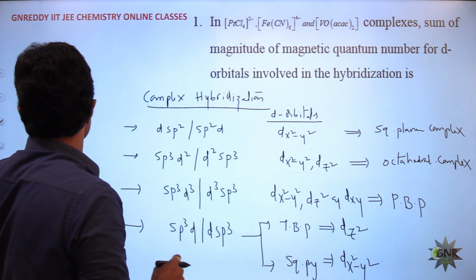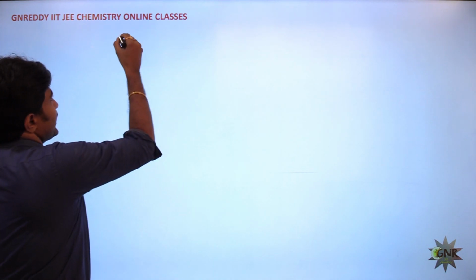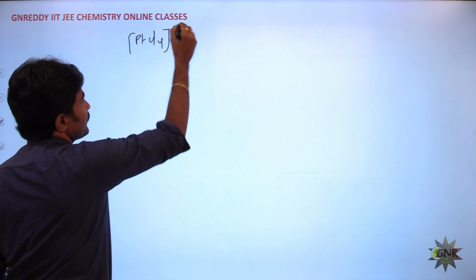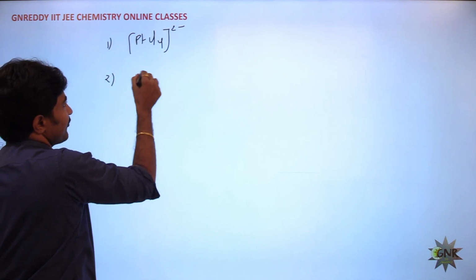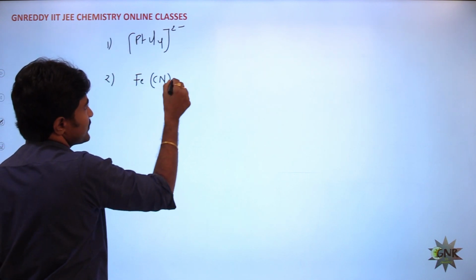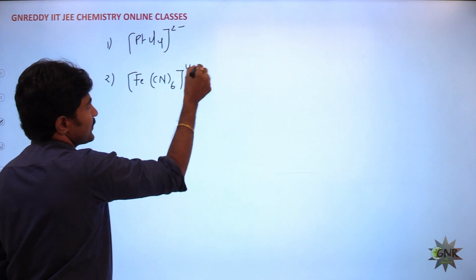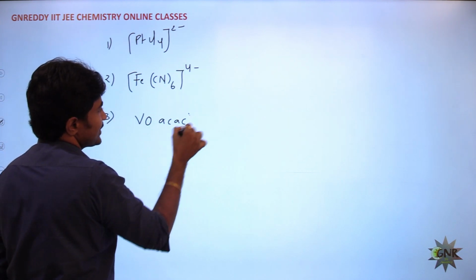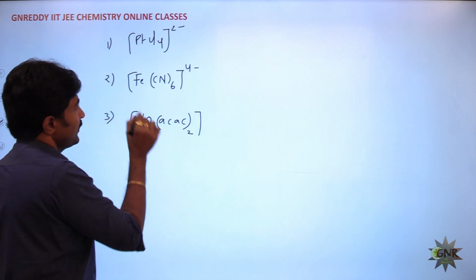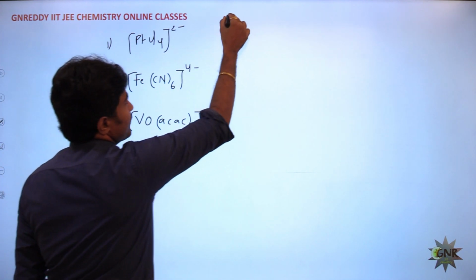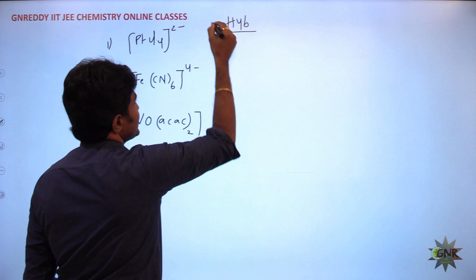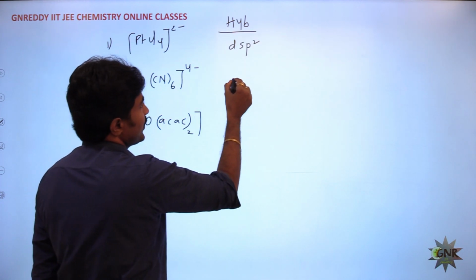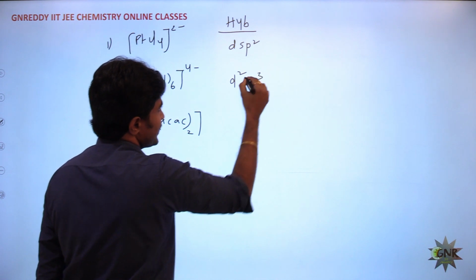Now our complexes are the PtCl4 2 minus complex, the second one is the Fe(CN)6 4 minus complex, and the third one is the VO(acac)2 complex. If you look at these, the hybridizations are dsp2 for the first and d2sp3 for the second.